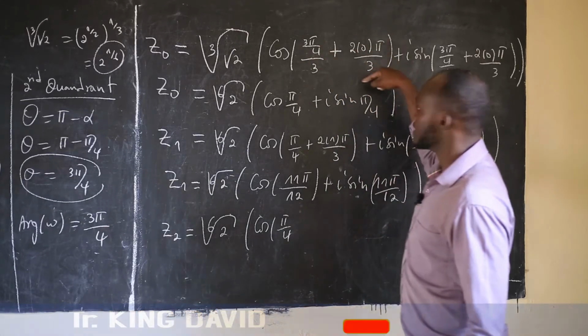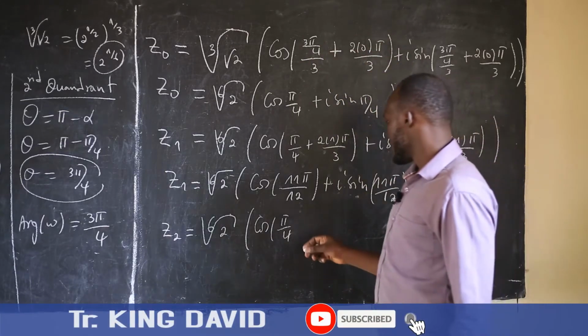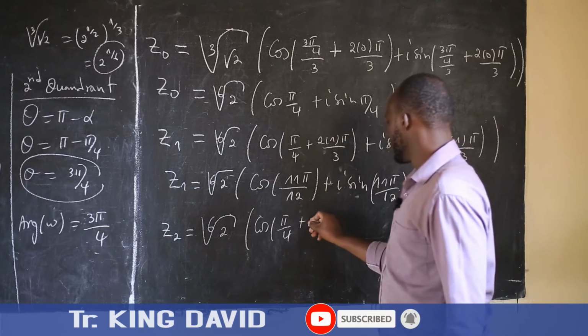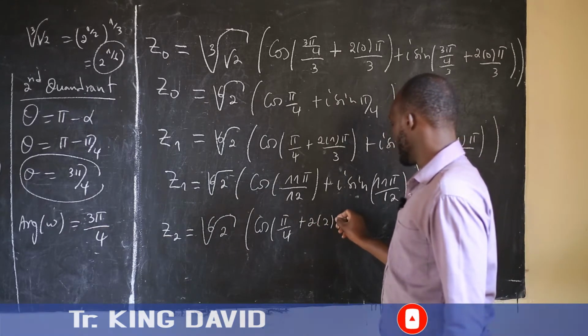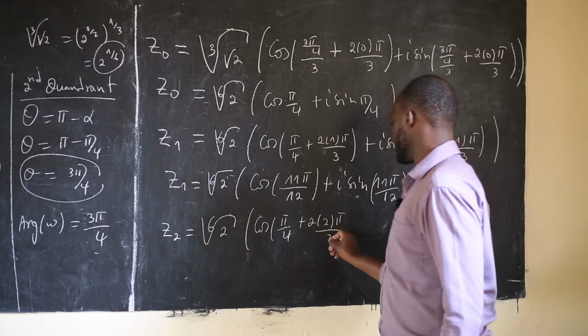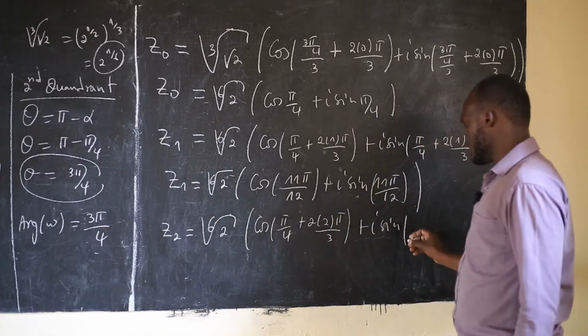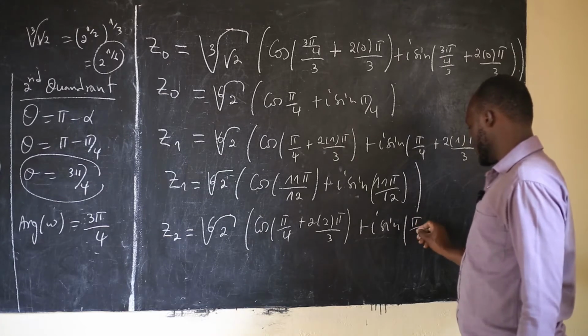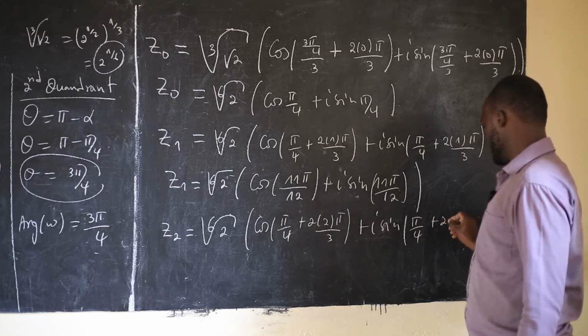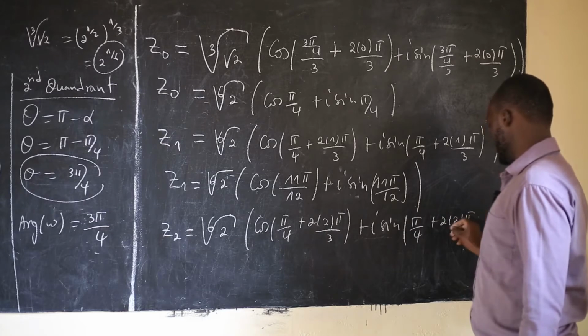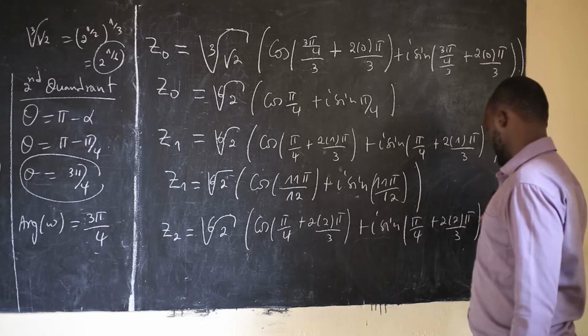The side which is changing is this one. So then plus 2 into 2 pi over 3, plus I sine pi over 4, then plus 2 into 2 pi over 3.